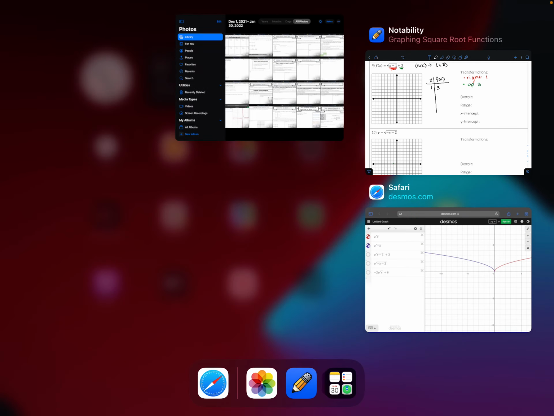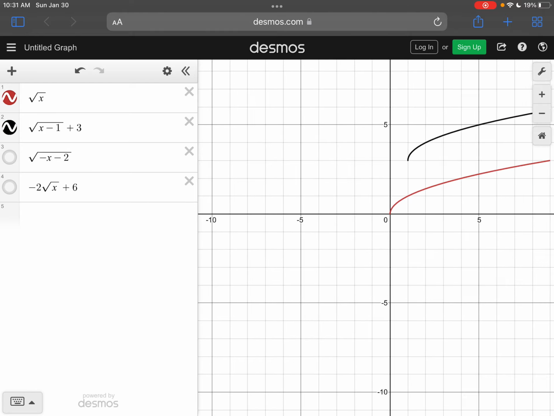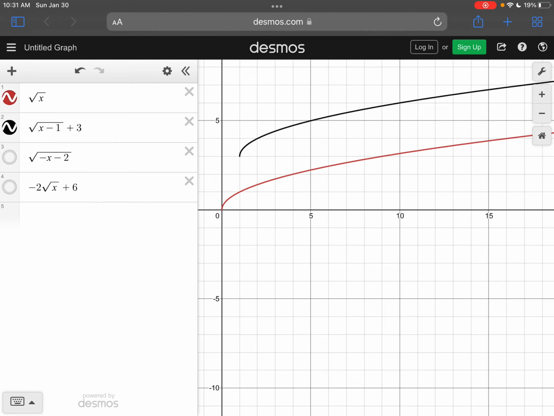So let's go ahead and open up Desmos. If I graph this one, we can clearly see that from our parent function to our new function, that starting point has shifted right 1 and up 3 units. That starting point is the HK value that we found of 1, 3.